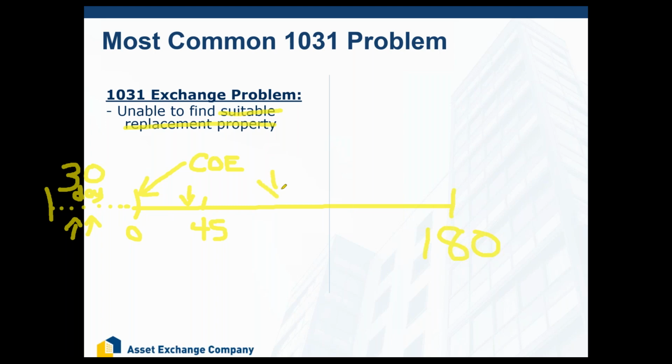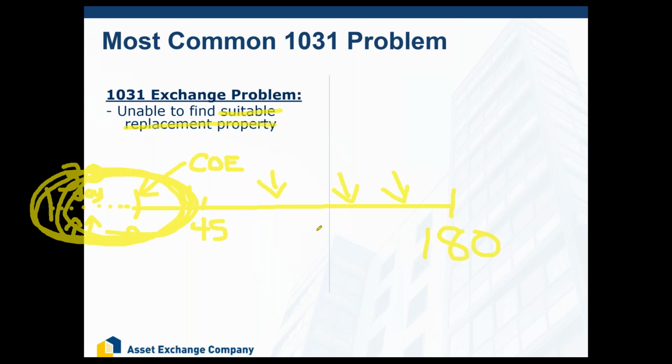Don't get too far in your exchange to start making offers, because if you do that, your chances of success are going to dwindle. People who do have a successful exchange are usually in contract on their replacement property in this sweet spot here.